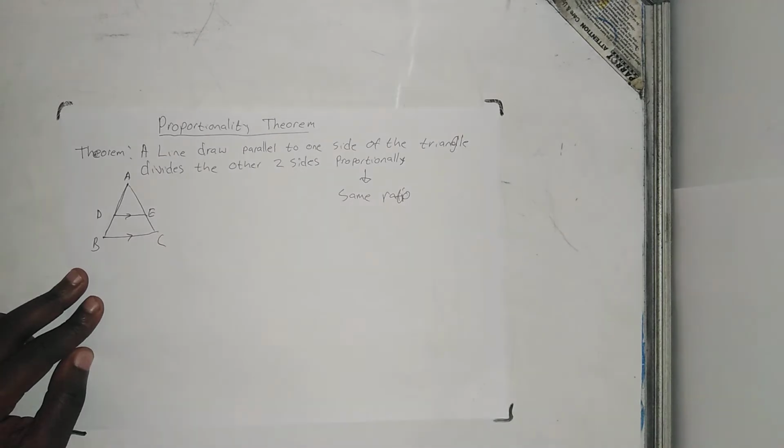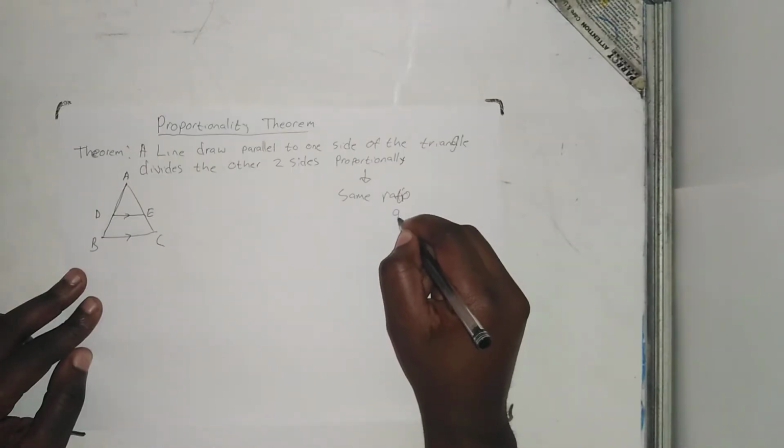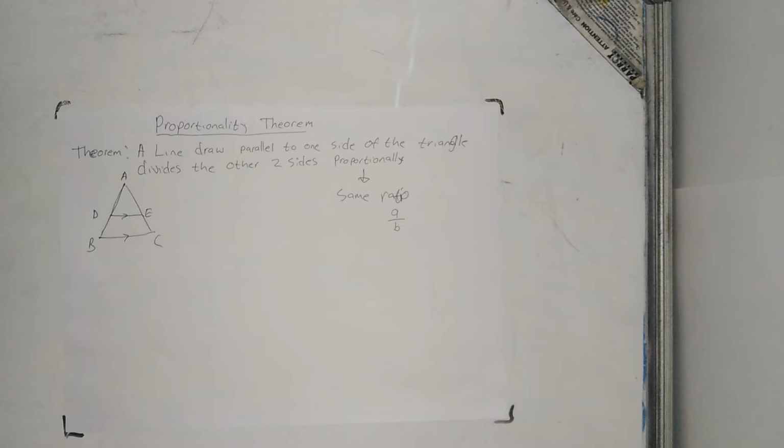Another person can ask me, what is a ratio? A ratio is simply something divided by something. So if you've got a number divided by another number, whatever number they are, that is a ratio.